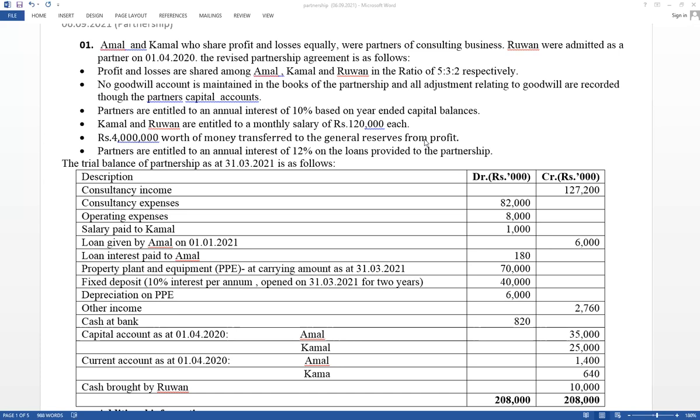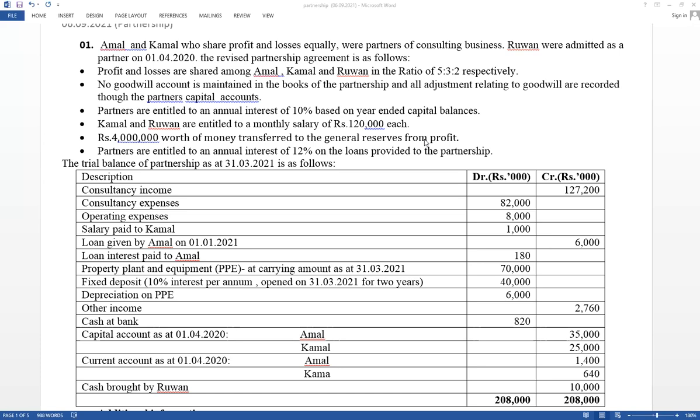As well as, there are 3 types of business we have to discuss. Trading business, already we have discussed. Manufacturing business, lesson 7, also we have discussed. As well as service business. Service business is very important.